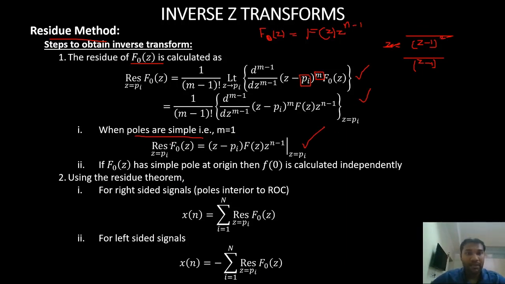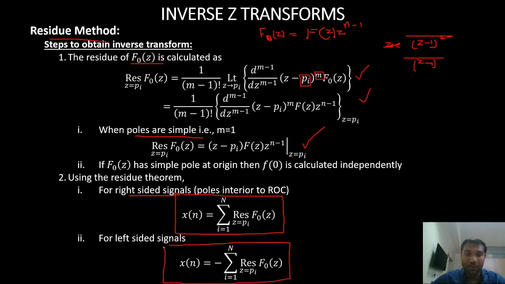And we'll calculate the residues. After finding the residues, for causal signals this is the formula for inverse Z transform, and for anti-causal signals this will be the formula. What is the formula for causal signals?